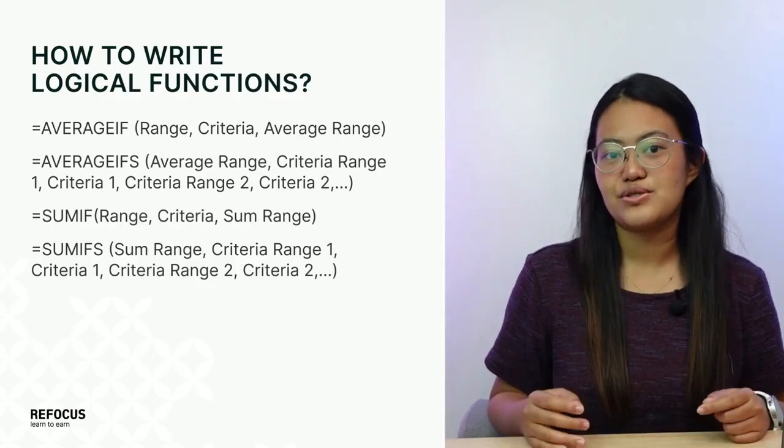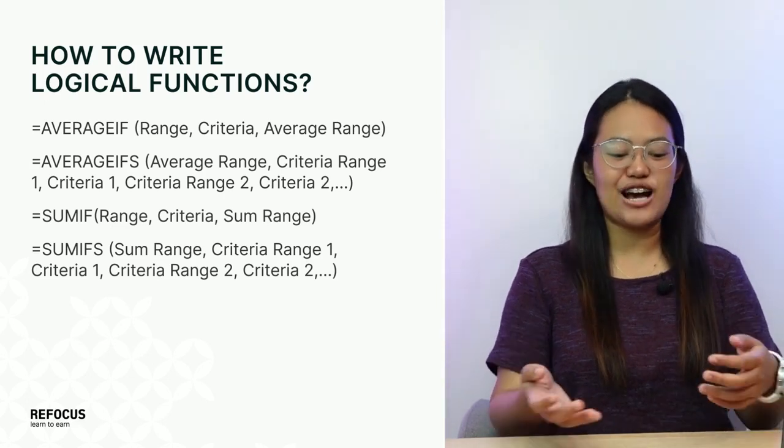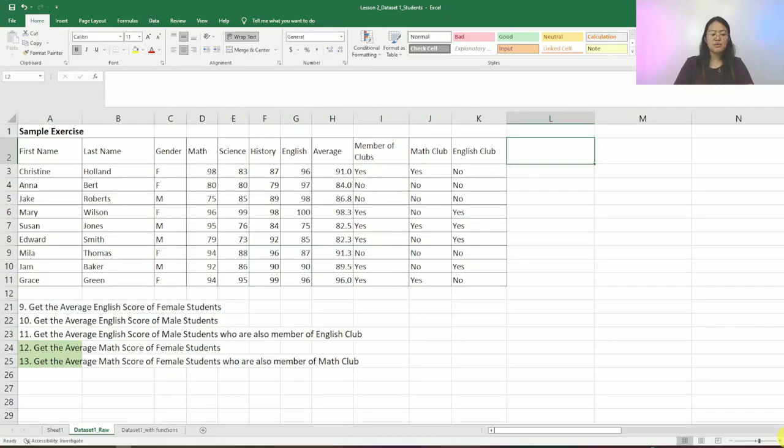And we can also do multiple conditions by adding another criteria. Let's see how it works in Excel. Let's say we want to get the average English score of male students who are also a member of the English club. So what we need here would be this column. This should be male, right? And another condition, which is this.